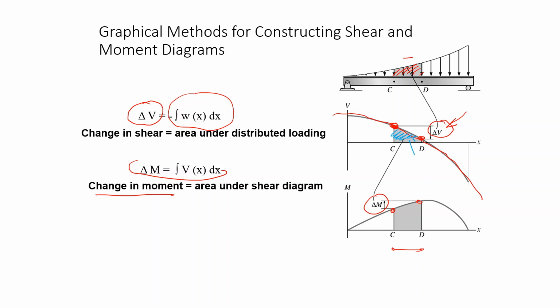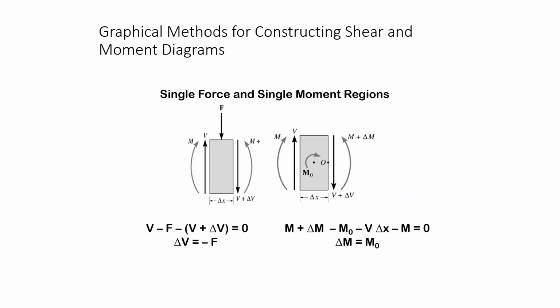This area is the delta M value. Next, if you have a single force or a single moment, then in the graph you will see a jump in the V values and in the M values.